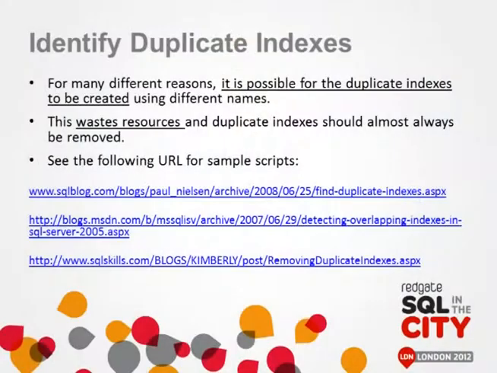Another one is duplicate indexes. I mentioned that briefly before, but SQL Server will allow you to create the same index over and over under different names. It's hard to find out. I mean, to sit down and compare them by hand or by eye is time consuming. So a variety of people have written a bunch of scripts, and I've listed some of them here. If you don't want to write them all down, you can download these slides eventually.